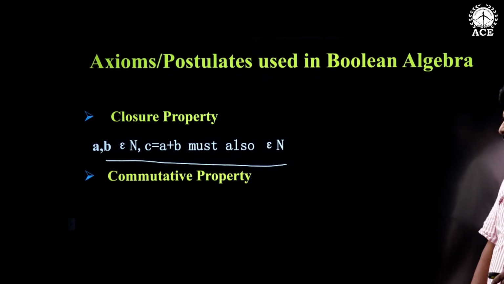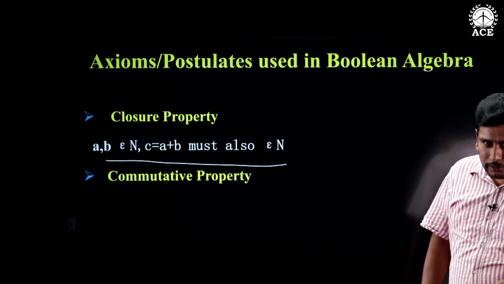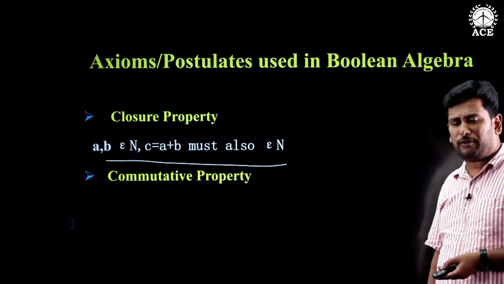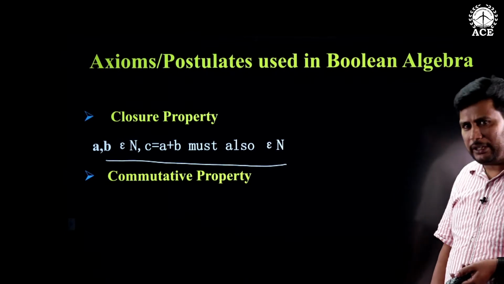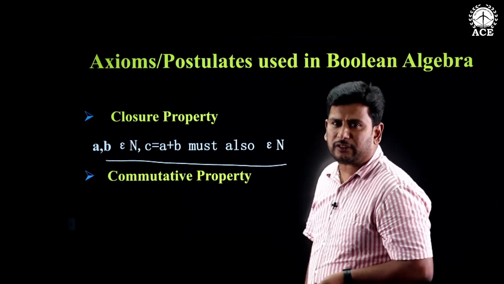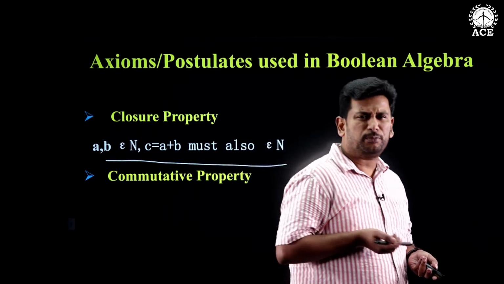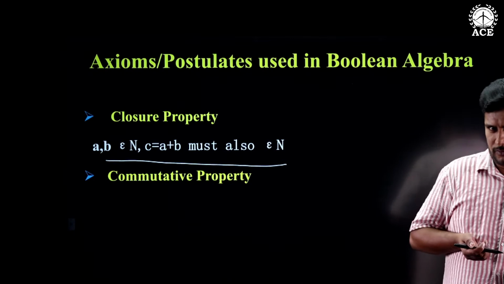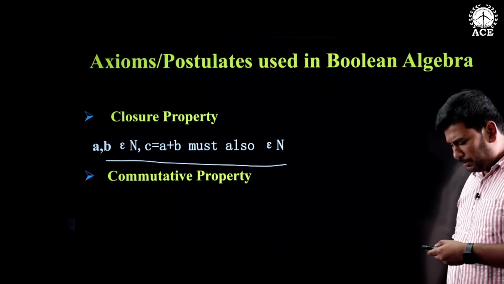Then the second important property is called the commutative property. I'll give you a pause. Shall we recollect something from our olden days? What do you mean by commutative property? Simple, dear. You have two input variables, A and B, and you need to find out the commutative property. Got it in your mind? Don't worry if you are not able to recollect.